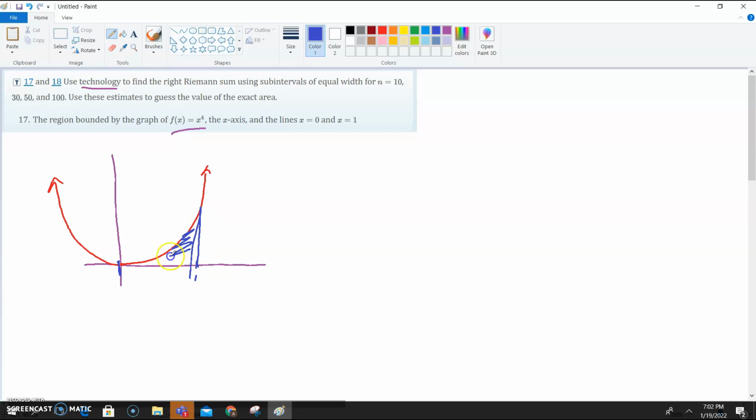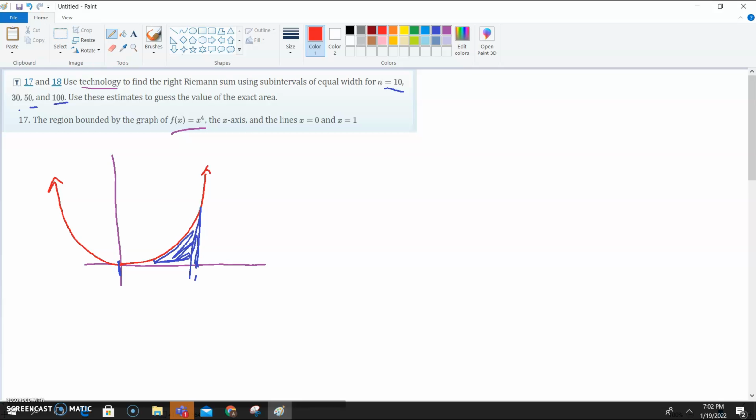And so our region that we're playing with here will be under the curve right here in this section. And what we would like to do is to cut this into rectangles, 10 rectangles, 30, 50, and 100. The first of which is 10.